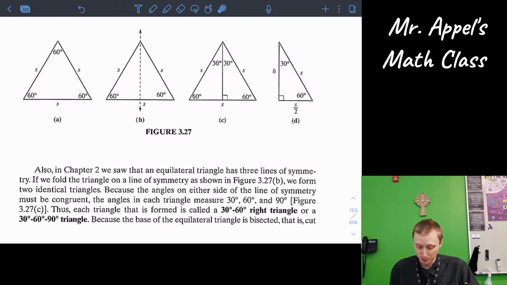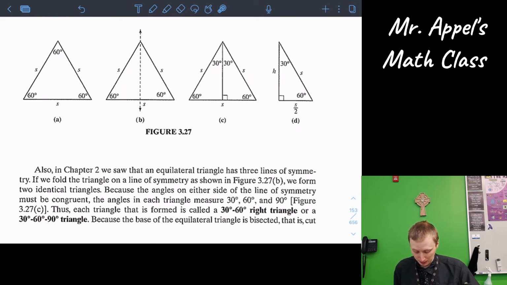Right? This perfect line of symmetry will be perpendicular to that base. It will bisect this angle evenly, so we'll get 30, half of 60, the remaining 60, and a new introduced angle of 90 degrees right there. Thus, each triangle that is formed is called a 30, 60, 90 right triangle, or a 30, 60, 90 triangle.